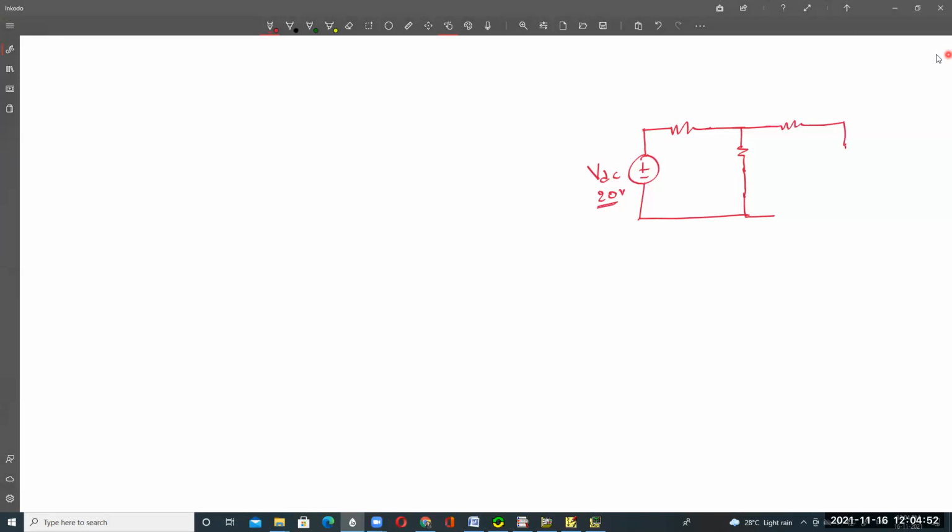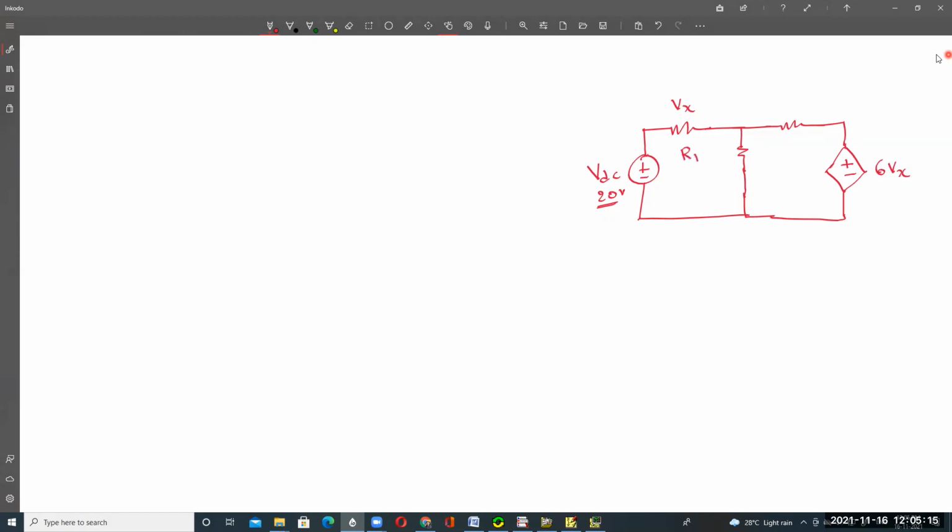And first the E source, that is called a voltage controlled voltage source or voltage dependent voltage source. So it is depending on a voltage, plus minus. For example, 6 Vx. That means here Vx is depending on this resistance.